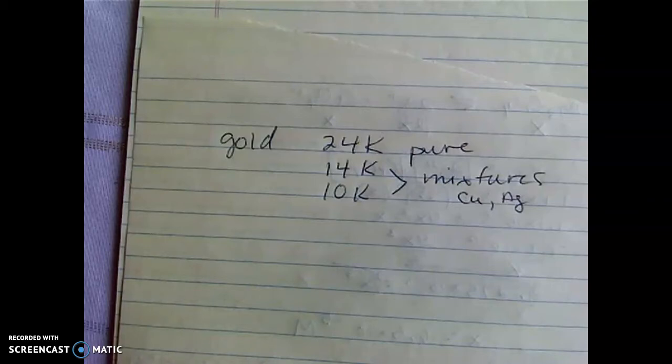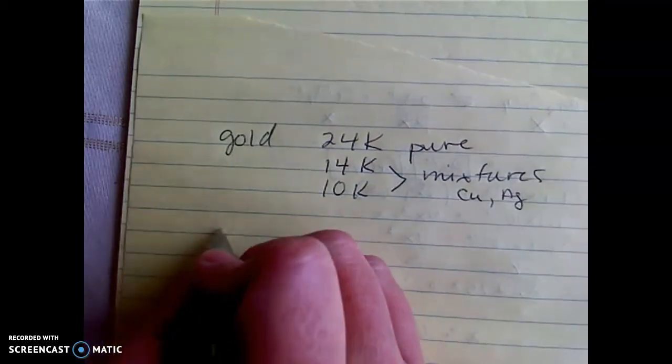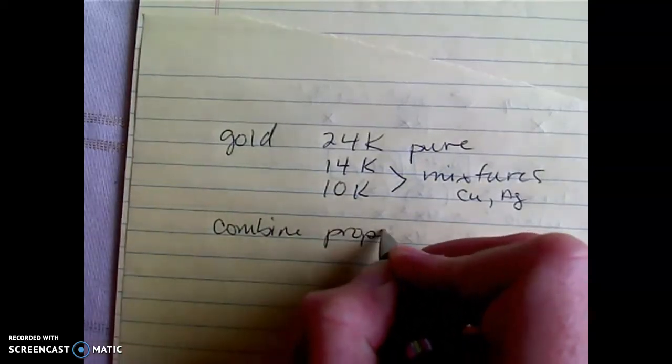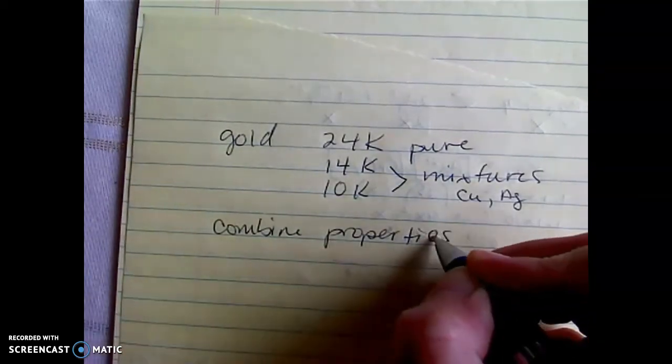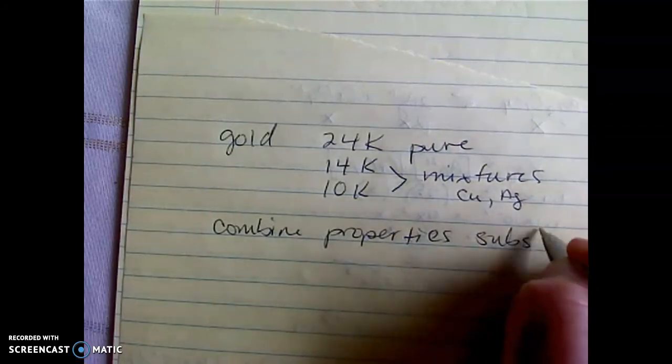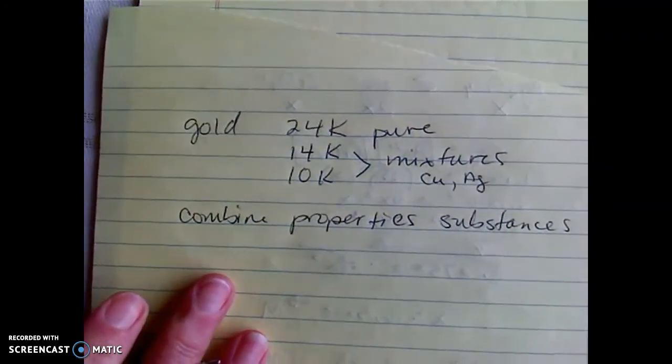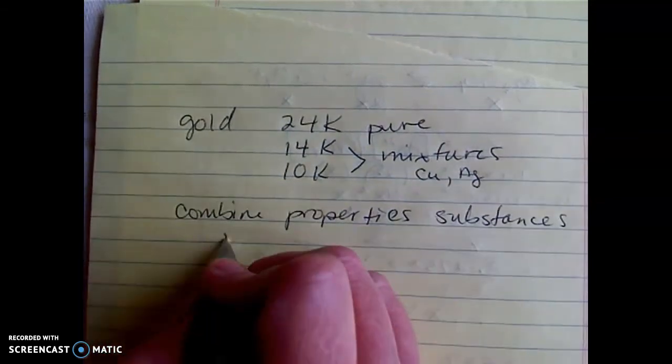So why are alloys so important? Again, it's going to combine the properties of the metals or substances, we'll say, because they don't have to be all metals. It combines the properties of those substances, which makes a better product.